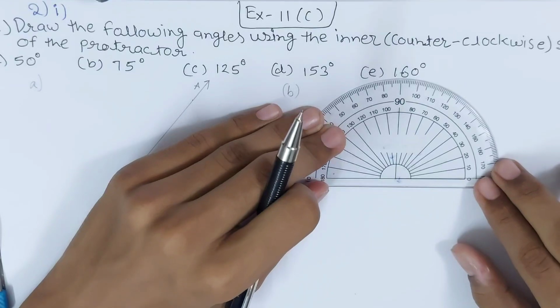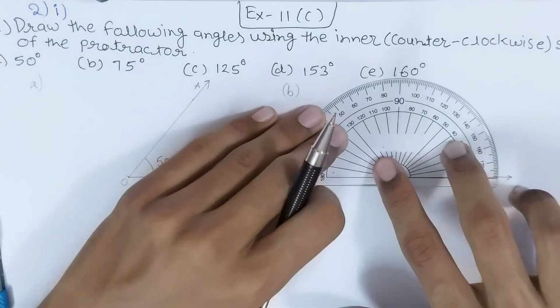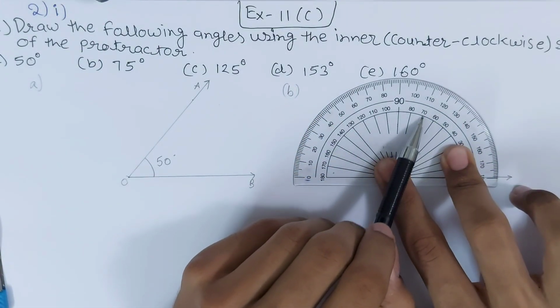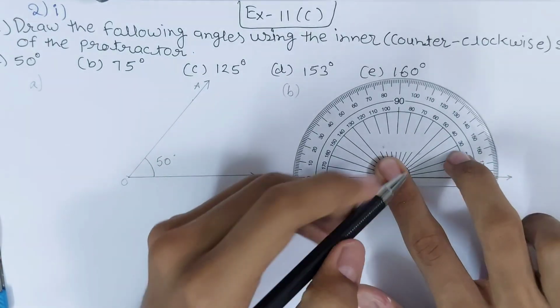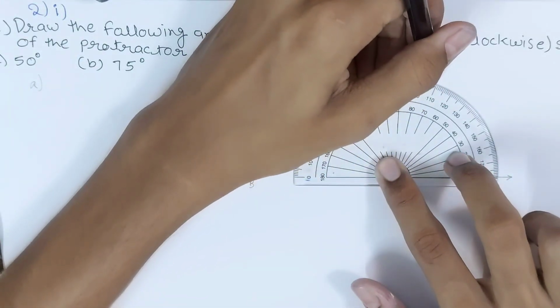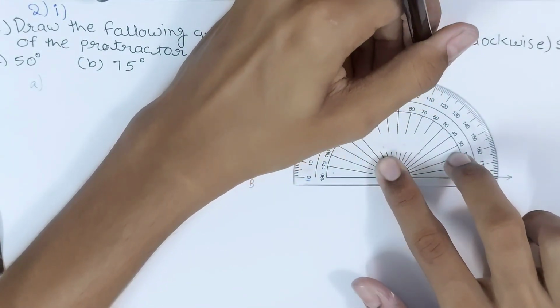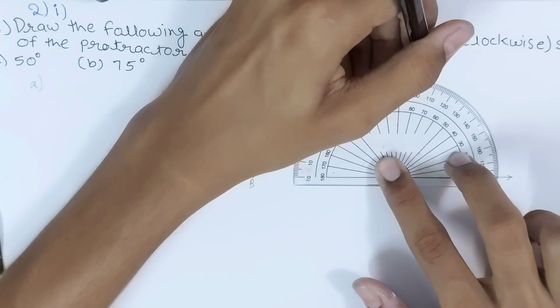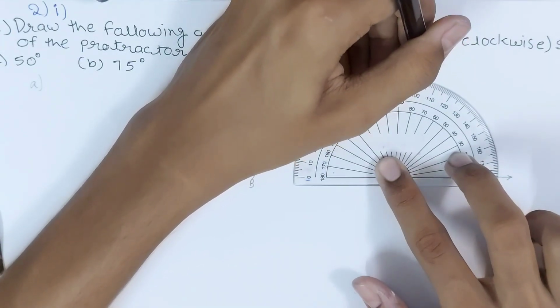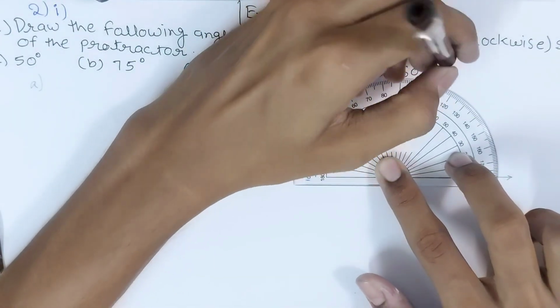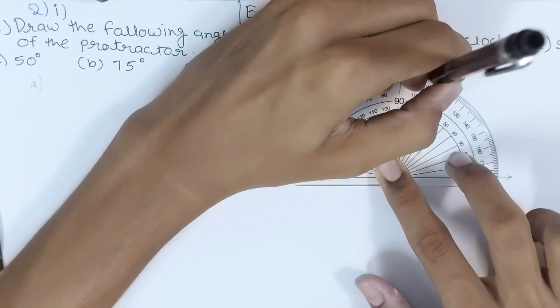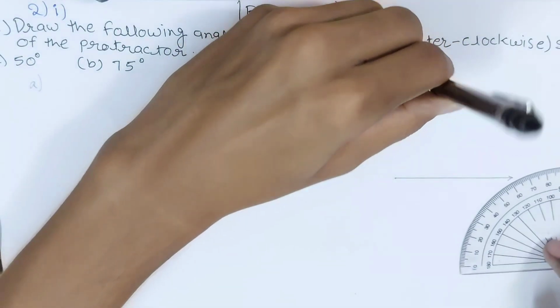You have to look now for 75 on the protractor. See here carefully, 70 is here in the inner scale, and you have to make 75. So count the small divisions: 70, 71, 72, 73, 74, and finally 75. This part right here is 75. You can mark it here.